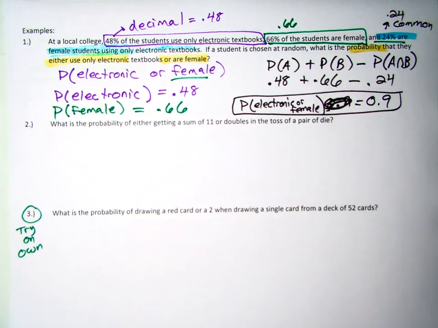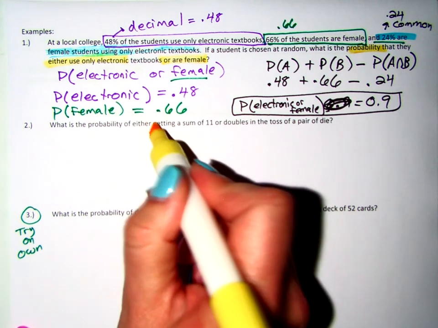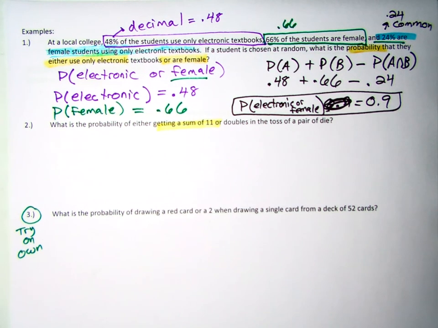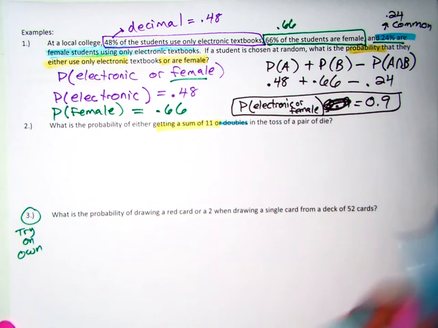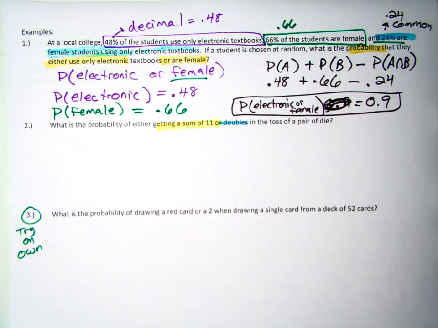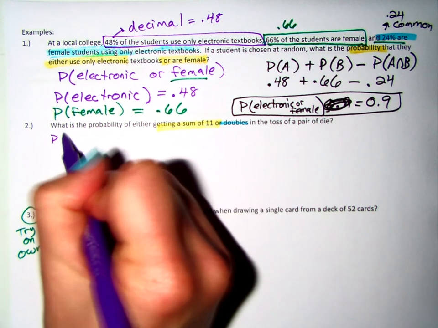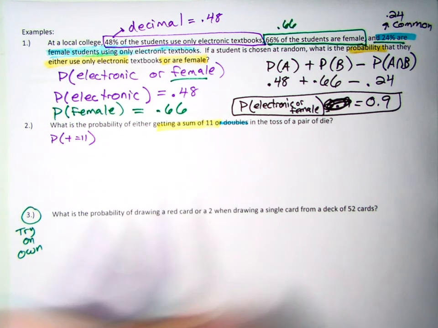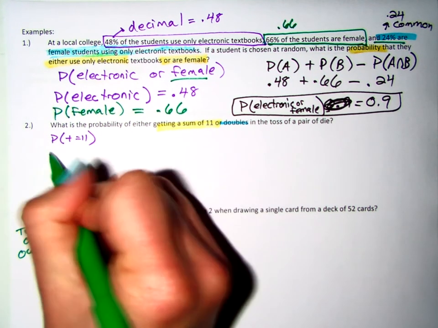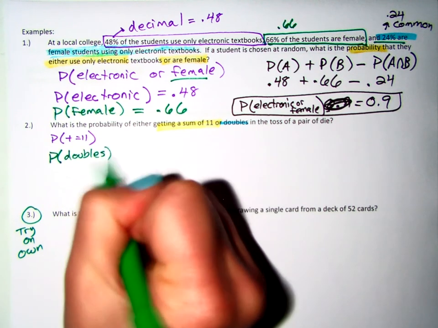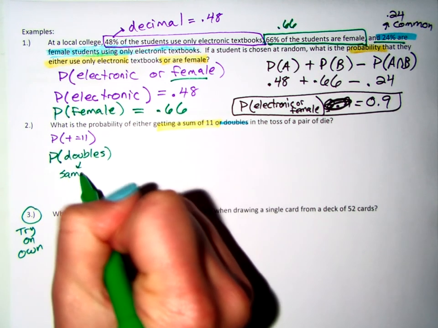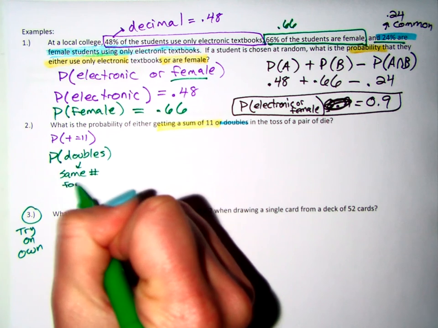Okay, last one we're going to look at together. What is the probability of either getting a sum of 11 or doubles when you toss a pair of die? So this is that same basic idea. We're going to have to find the probability that they add to equal 11. We're going to have to find the probability that they are doubles. Now doubles mean the same number twice, the same number for both die.